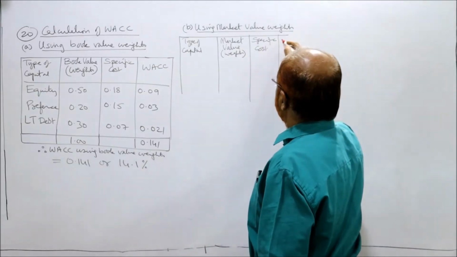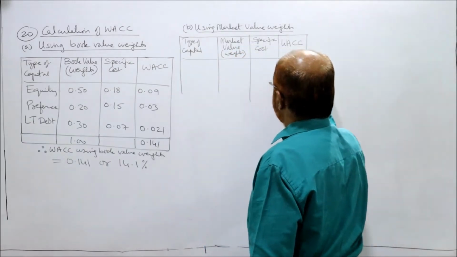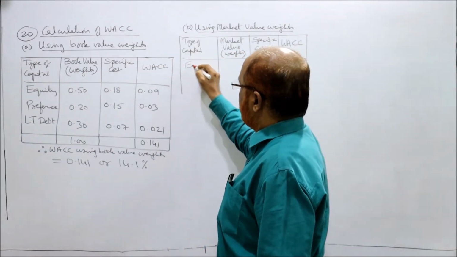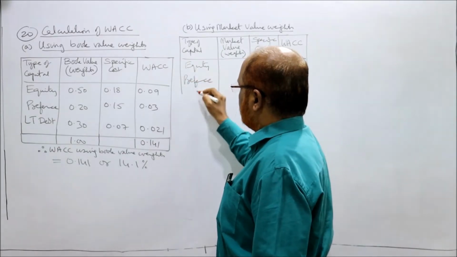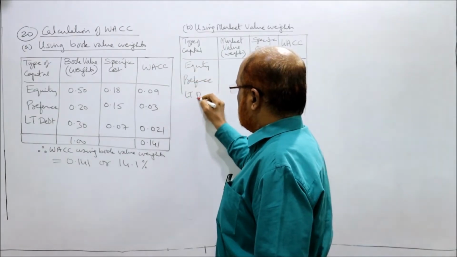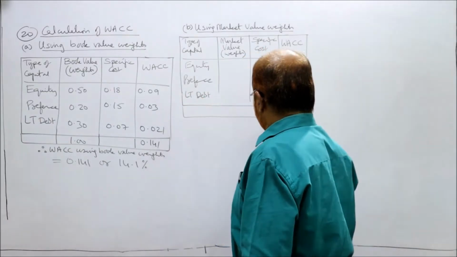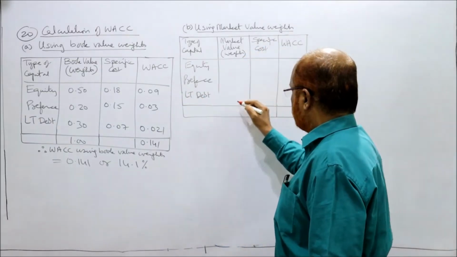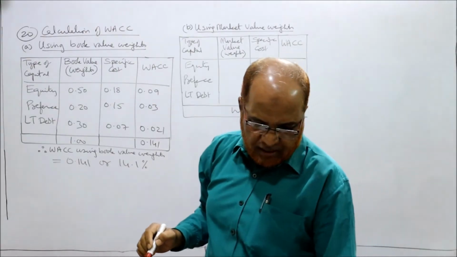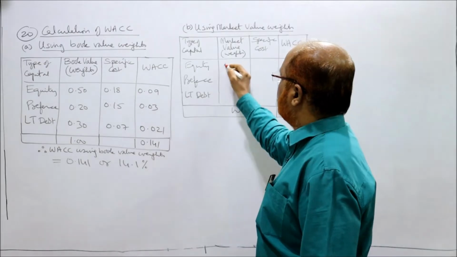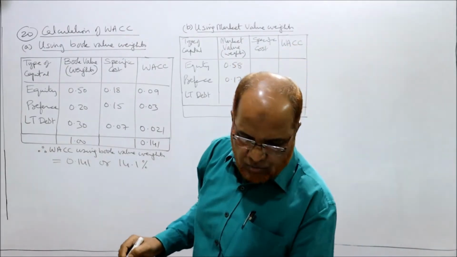Specific cost. WACC. Equity, preference, long-term debt. Weights are given in the problem: 58, 17, and last one 25.